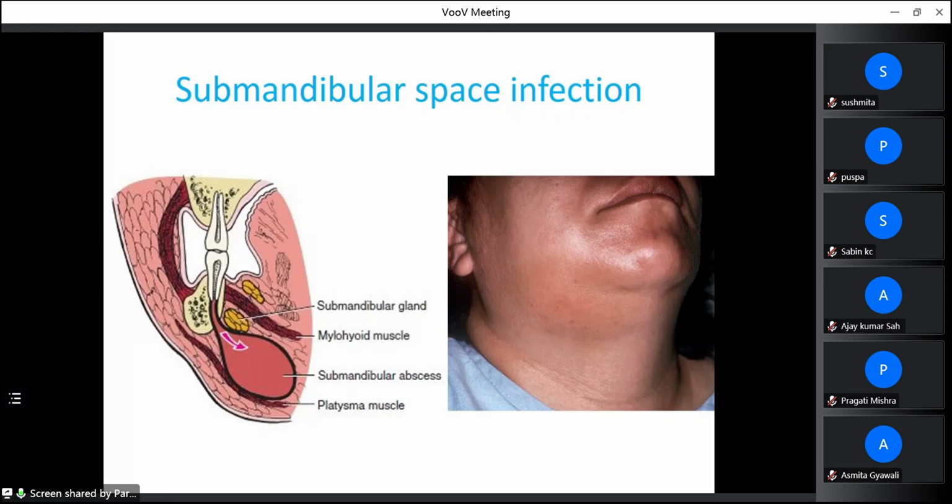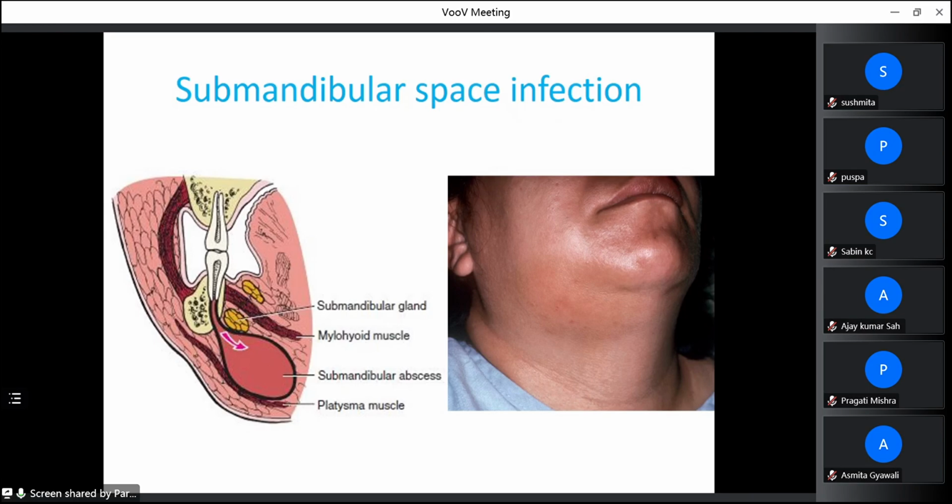Right? So what happens in case of molar teeth? If there is periapical infection in the first molar area, the chances of cortical perforation above the mylohyoid muscle are more, so it will lead to sublingual space infection. But in case of the third molar, the lingual cortical plate perforation will take place below the mylohyoid muscle, so it will lead to submandibular space infection.